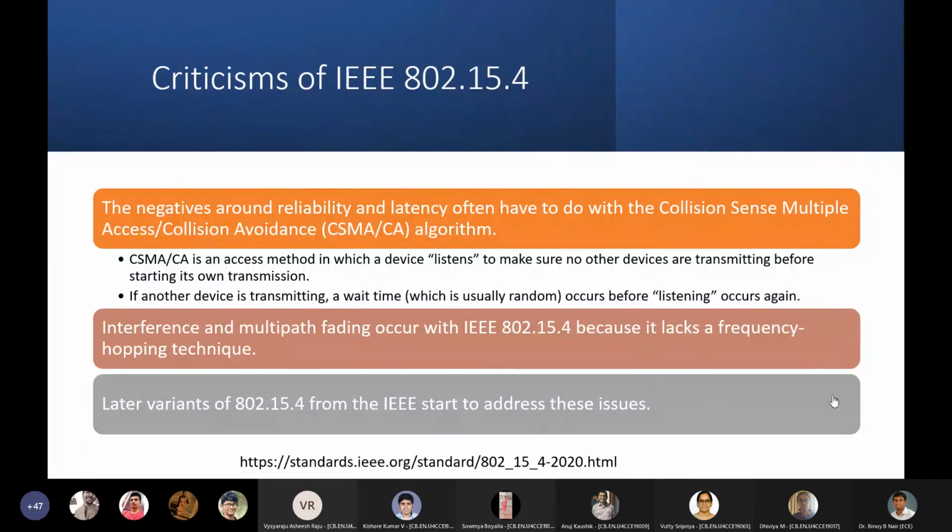Sir, you're muted, sir. No, then I think you may not even have heard of CSMA/CA. Have you heard of this? No, sir. And do you know what is multipath fading? No, sir.